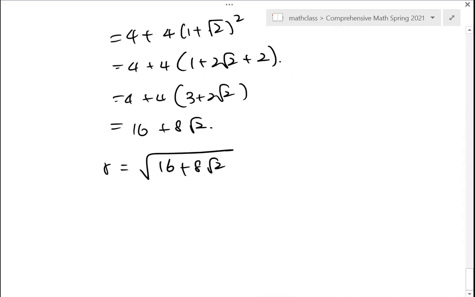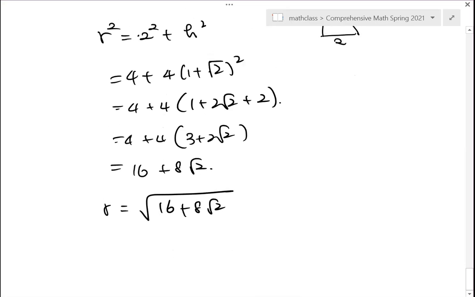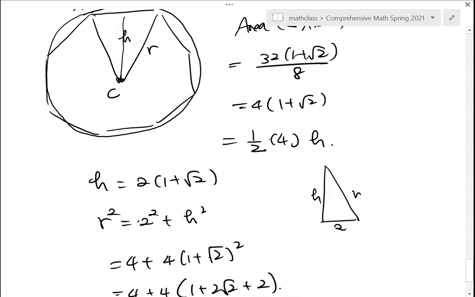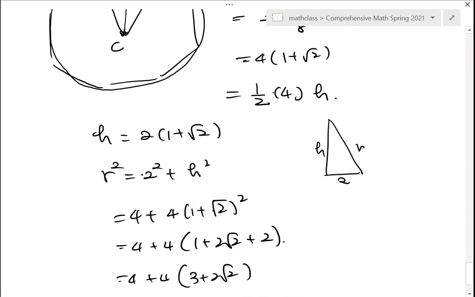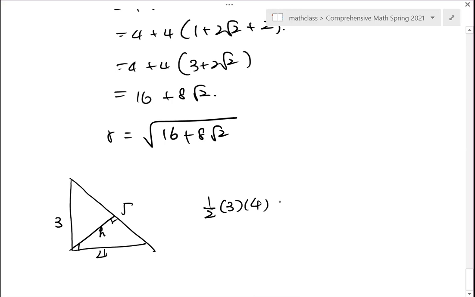This is a very good problem. It involves the Pythagorean theorem. It also involves the trick of how to find the height using the area. This is a similar trick: if you have a triangle with sides 3, 4 and 5, how do you find the height h? The easiest way is to use the area. 3 times 4 is the area, and that also equals 5 times h.